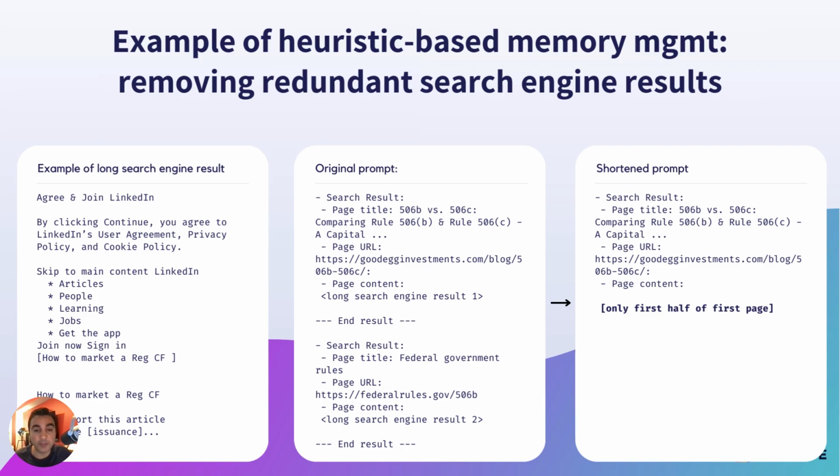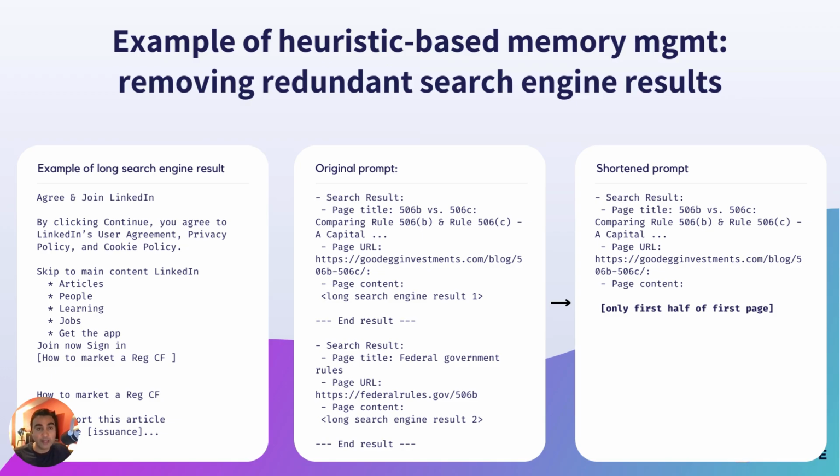This is really interesting because it allows us to capture the most relevant content while cutting down a lot of the irrelevant stuff, but still providing the right message history to an LLM. So this is one example of a rule-based system. You can use this in conjunction with a lot of the other techniques that we just talked about to come up with really advanced and sophisticated message passing to an LLM.